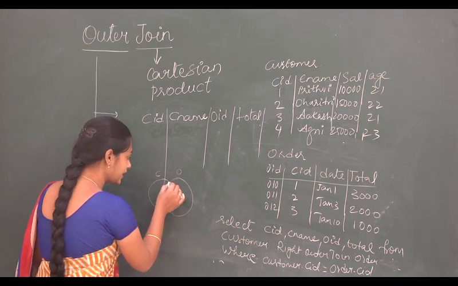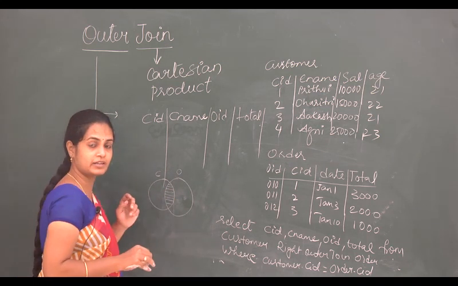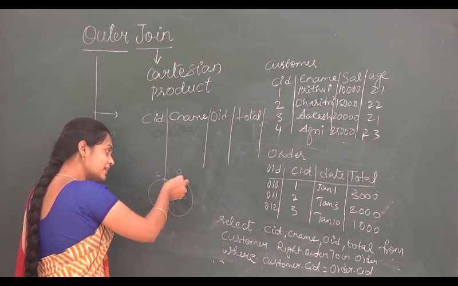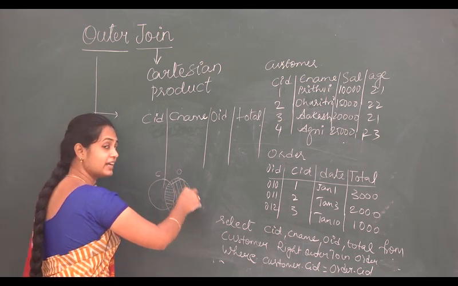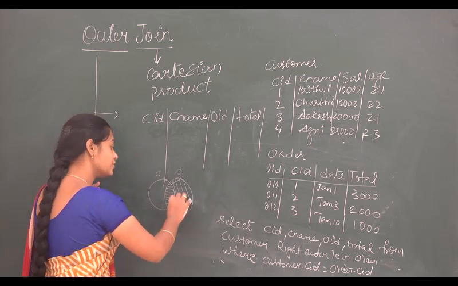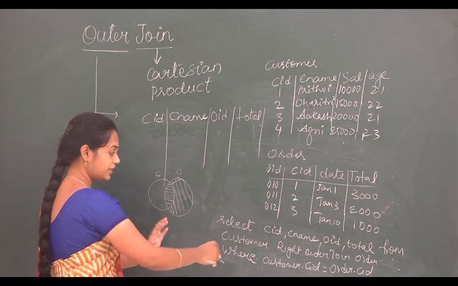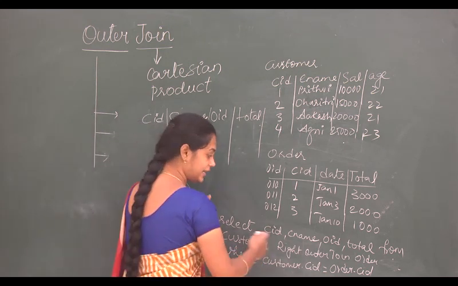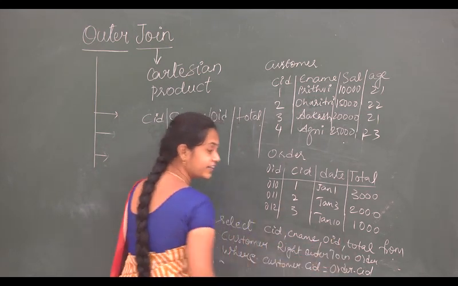Obviously whatever common things I have will be retrieved. Right outer join is nothing but, other than the common, whatever data we have in the right table will be retrieved. Here we have the customer table at the left and order at the right.